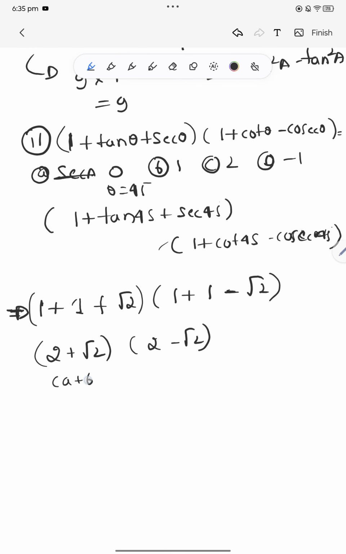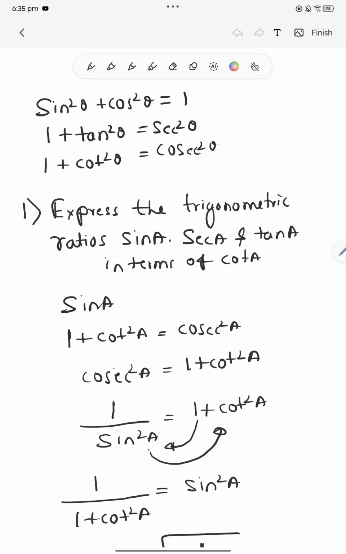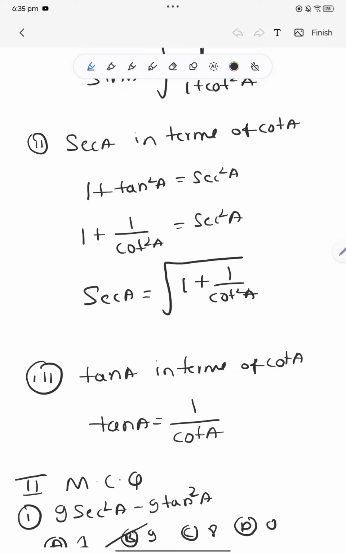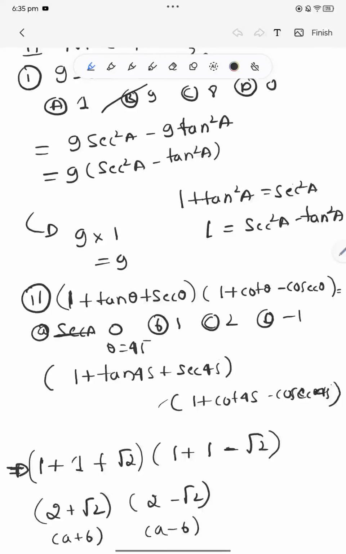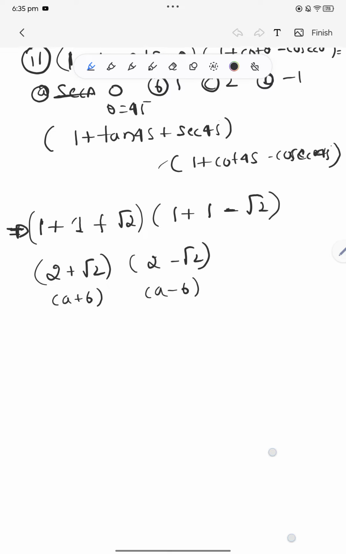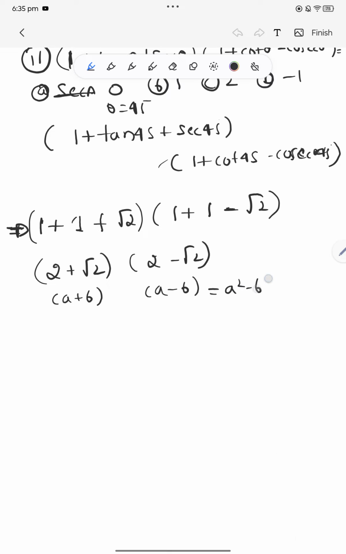A plus B into A minus B. What is A plus B into A minus B? That is A square minus B square. So 2 square minus root 2 whole square. 2 square value is 4, the square and root cancel. 4 minus 2 is 2.